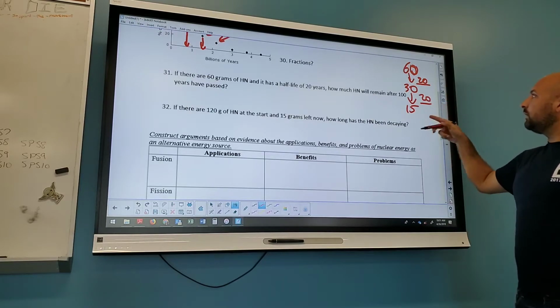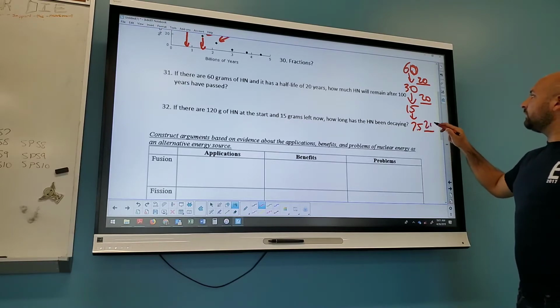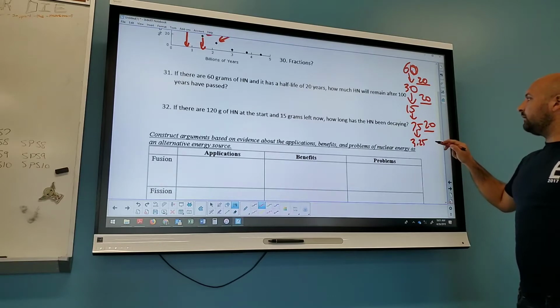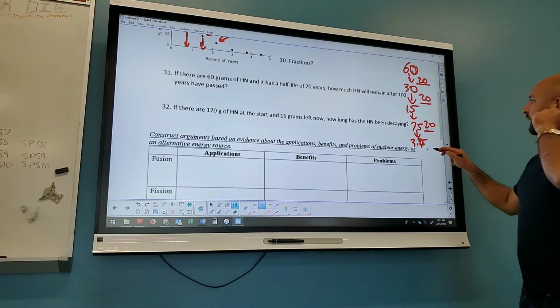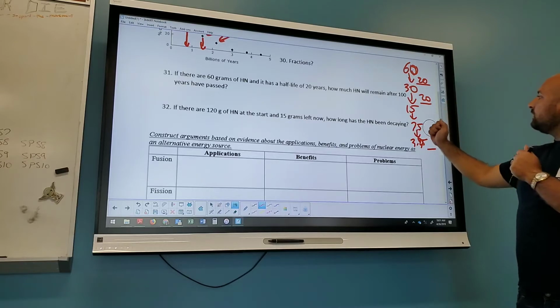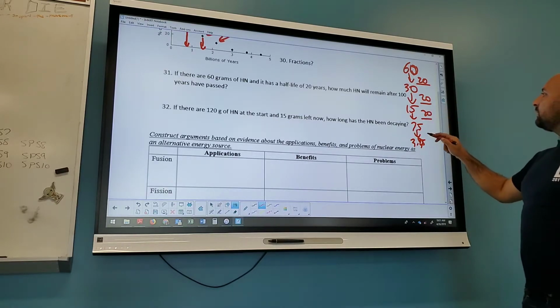That's 40. And again, 7.5, that's another. And then again, 3.75. Oh no, you're right, 7.5. Yeah. 3.75. All right, that's another 20 years. So let me see. Oh, I'm doing this wrong. You got to make sure you draw your lines next to the old arrows here. So that's 20, and that's 20.